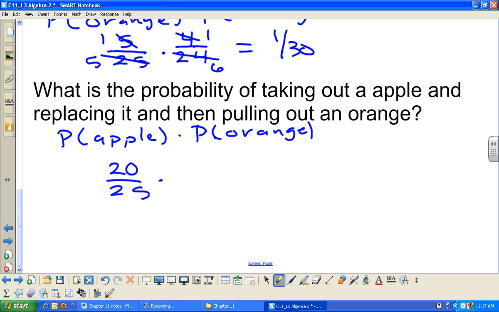And since I'm replacing that apple, my probability of an orange would be 5 out of 25. And if I reduce these, it would be equal to 4 out of 25.